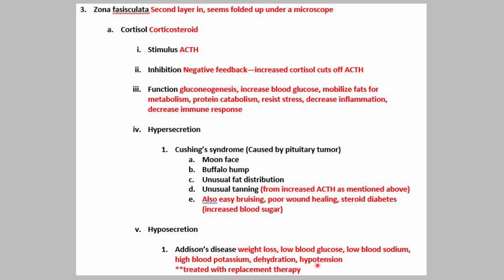Hypotension is low blood pressure. So those things, the low blood sodium, high blood potassium, dehydration, hypotension, is from the aldosterone side of things. The weight loss and low blood glucose was from the cortisol side of things. How do you treat Addison's disease? With hormone replacement therapy. So synthetic cortisol, synthetic aldosterone, basically synthetic steroids.